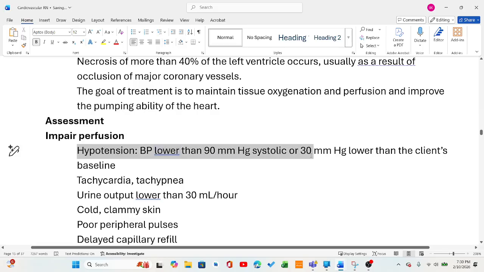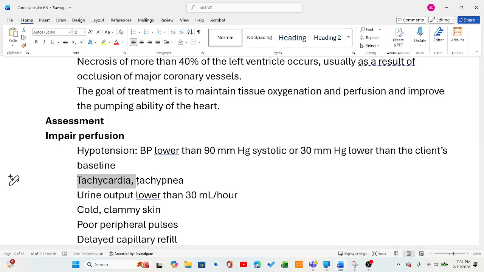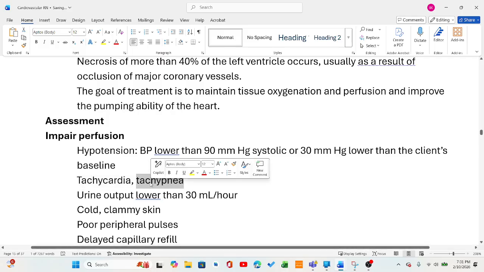Blood pressure drops below 90 millimeters mercury systolic, or 30 millimeters mercury based on the baseline that the patient has. And there will be tachycardia. When your blood pressure is dropping and the heart rate is going up, it's a sign that the person is going into shock. And then we have tachypnea, which is an increase in the respiratory rate.